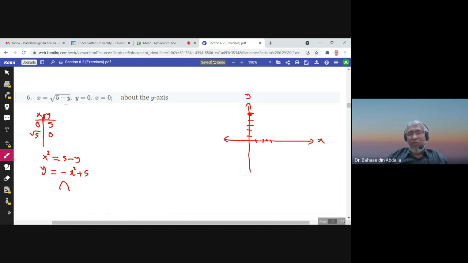x equals the square root of 5 minus y. This is half of the parabola, the half to the right of the y-axis, because x is positive, okay?